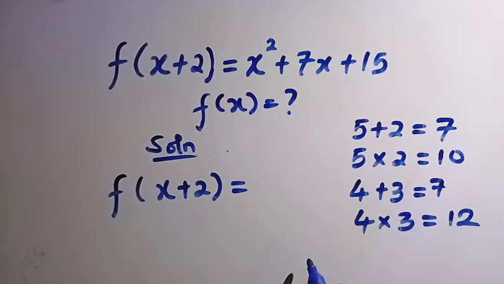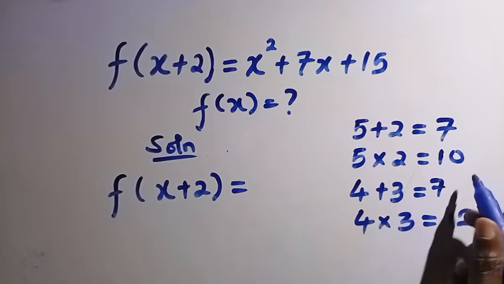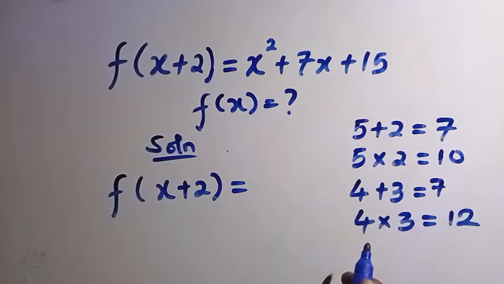Even 6 plus 1 gives us 7, and 6 multiplied by 1 is less than 10 and 12. So we cannot factorize this.